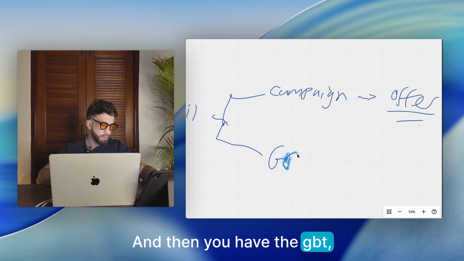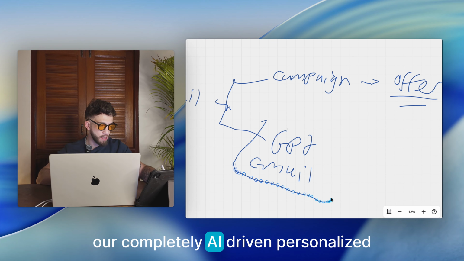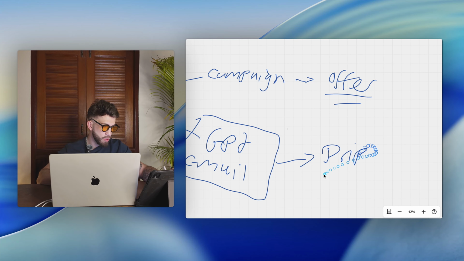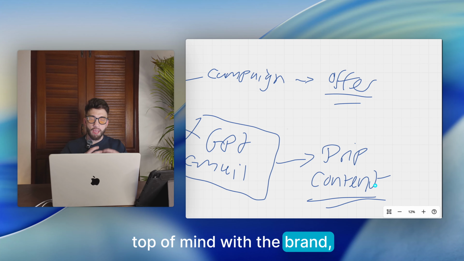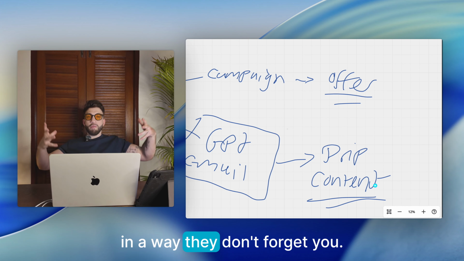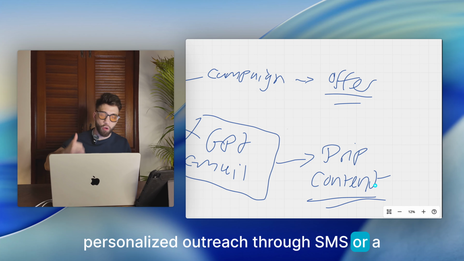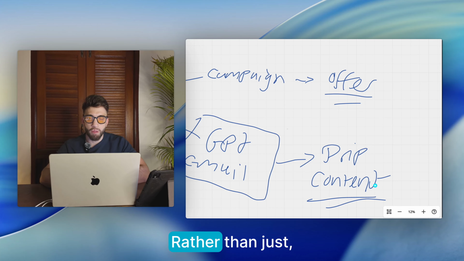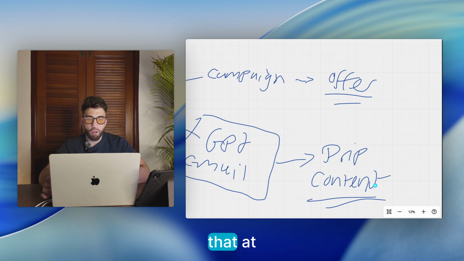And then you have the GBT email writer, which is our completely AI and personalized emails. This is for your drip content. This is how you keep people top of mind and engaged with the brand, in a way they don't forget you. So whilst they're getting that personalized outreach through SMS or a call, you're also in their inbox, so they're not going to forget about you, rather than you just trying to keep up with writing random emails.